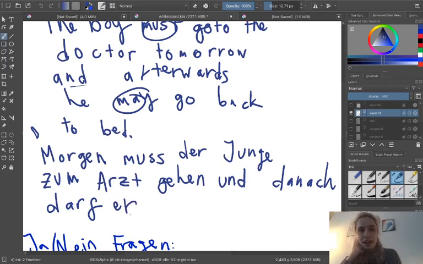So in English, we have the he before the may. In German, we're going to put that darf before the er, because our adverb afterwards is the first element in this clause. Danach darf, afterwards may he, wieder ins Bett gehen. Danach darf er wieder ins Bett gehen.